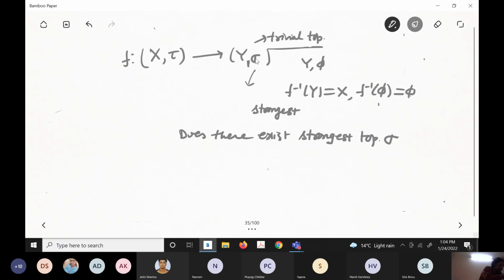Sigma. This sigma is different, on Y such that f, x, tau. Well, again look, first of all, whatever topology you think, how do you think of that?